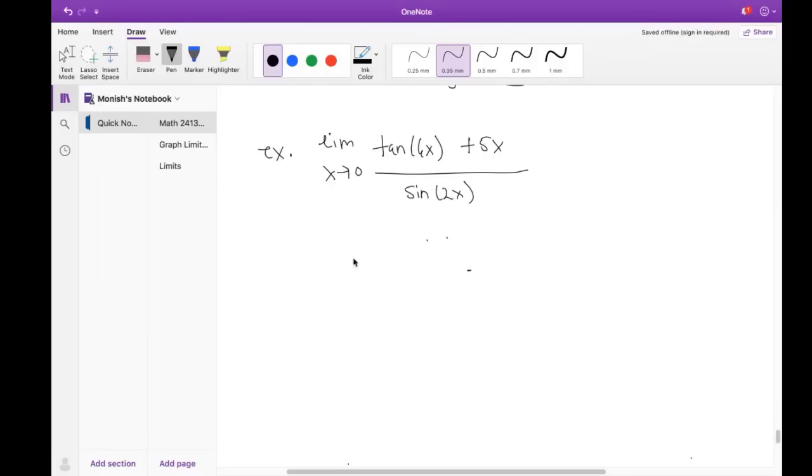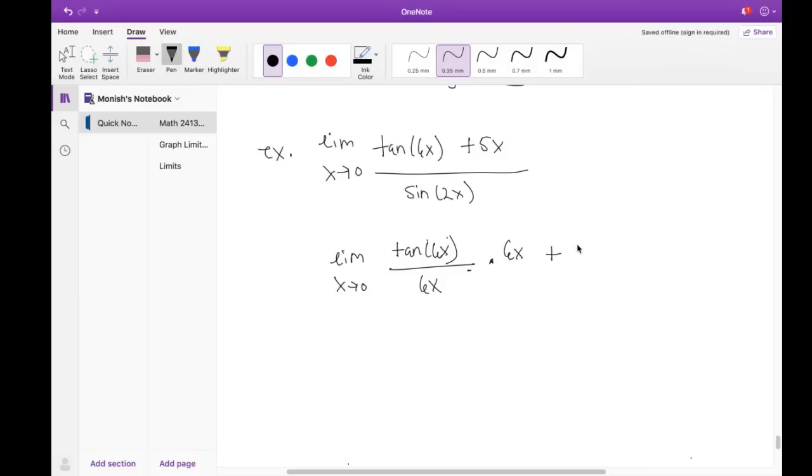So I made it tan 6x over 6x, and after I divided by 6x, I multiplied another 6x right next to it. And then plus 5x. So I didn't split it at all.